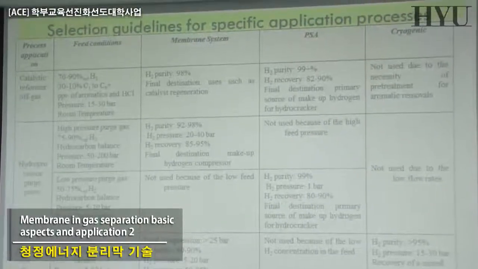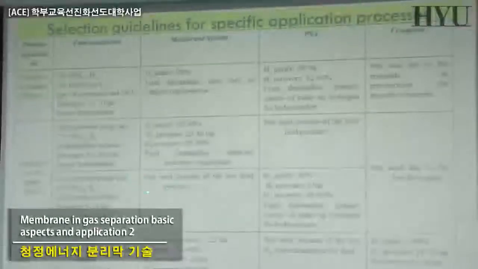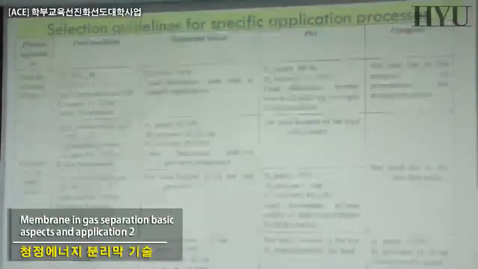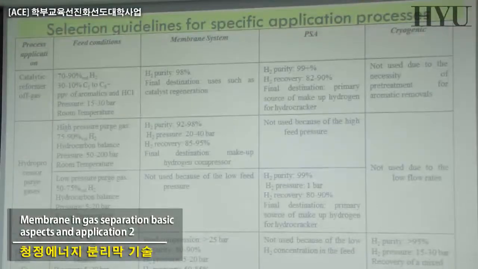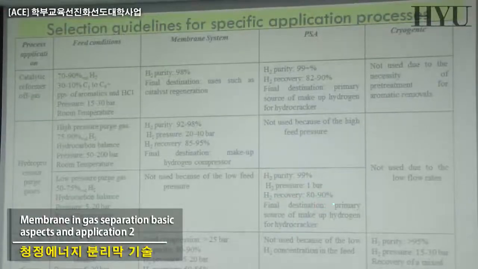Vice versa, if you are working with hydroprocess pure gases, in general membranes are not used because the pressure that you have in the feed is relatively low, so you have to spend a lot of energy in pressurizing the system, and the same for cryogenic, not very much used, but PSA is relatively much more used when you have a certain level of purity that can be obtained, etc., etc.